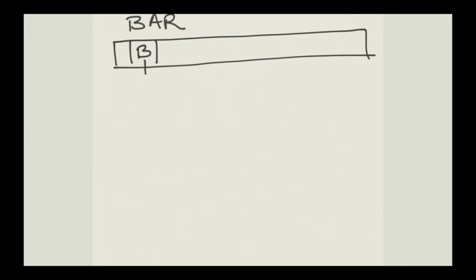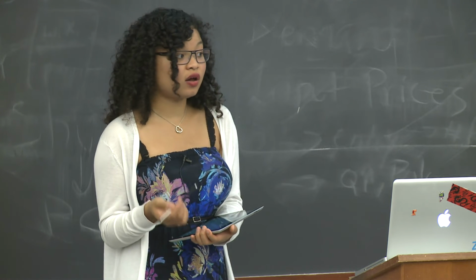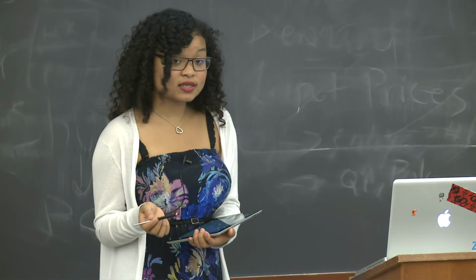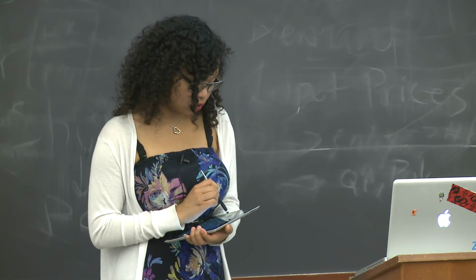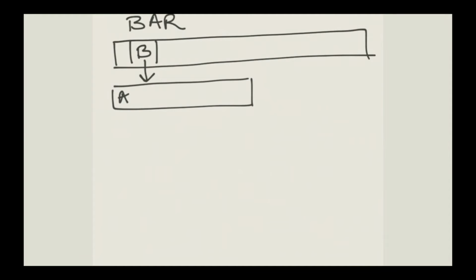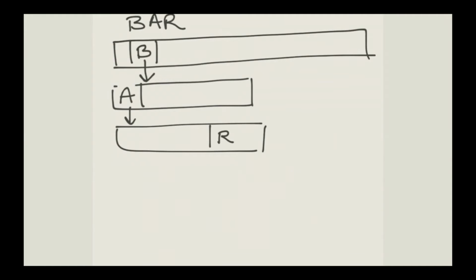Now, B is going to be a node that points to another array of all the possible characters that can follow after the letter B. In this case, I'm dealing with the word bar. So A will go here. Now after A, I have the letter R. So A now points to its own array, and then R will be here.